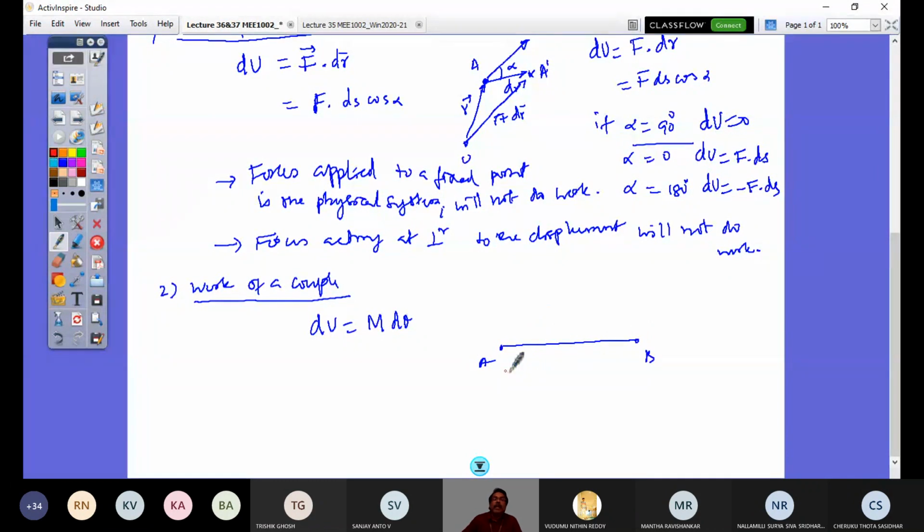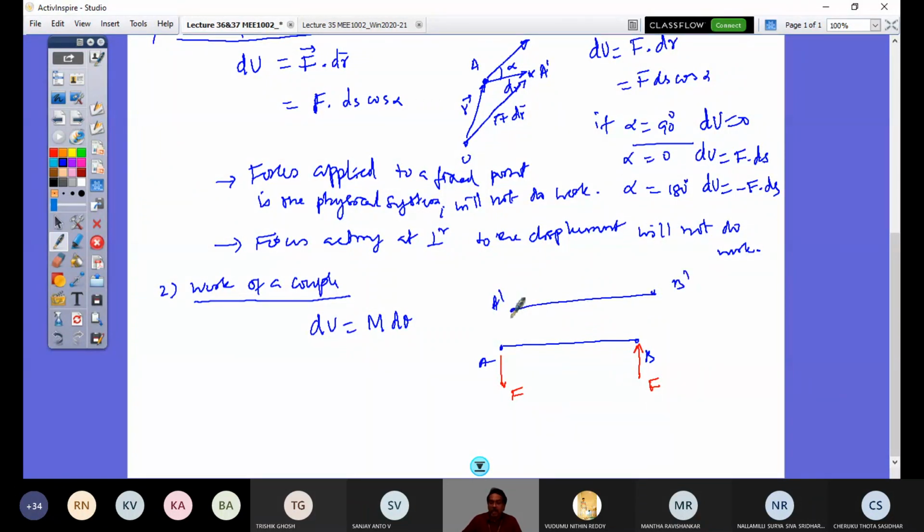By equal forces F of the same magnitude separated by this distance, which form a couple. This would make my rigid body move to a new position, say A dash and B dash.